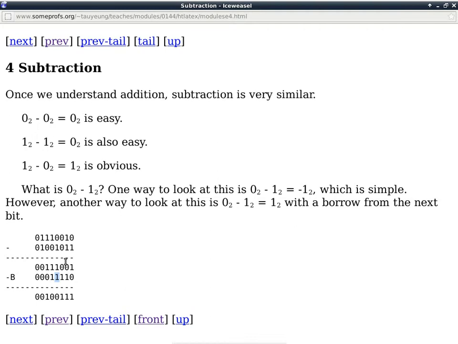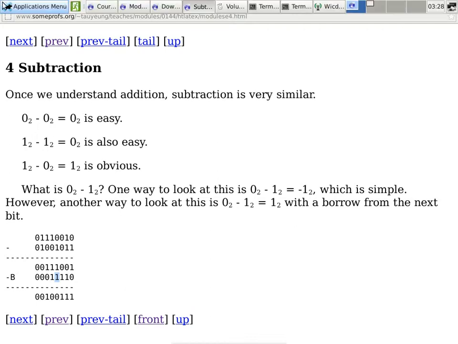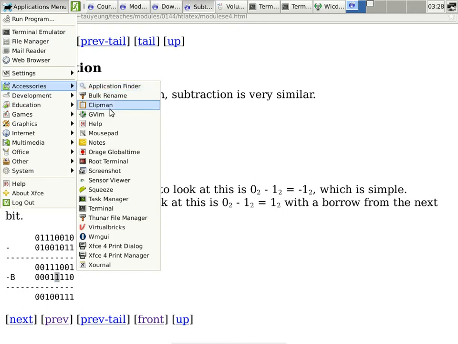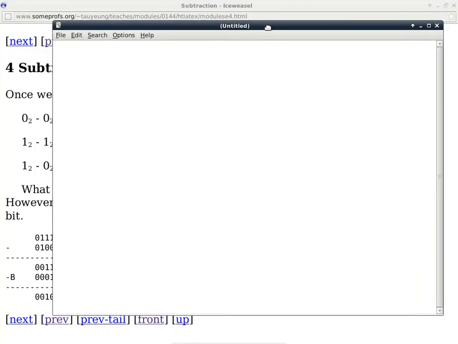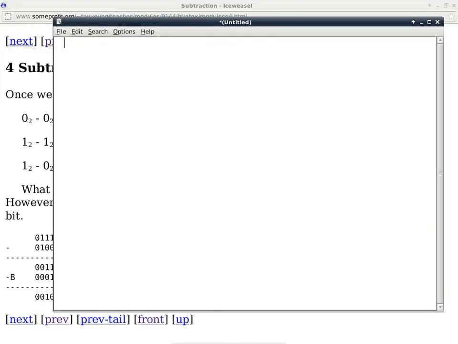Okay, let's do an example. Let's go ahead and do a live example, digit by digit. Let's not deal with anything that's too complicated. We'll deal with 1 1 0 0 minus 0 1 0 1, and these are all in base 2.